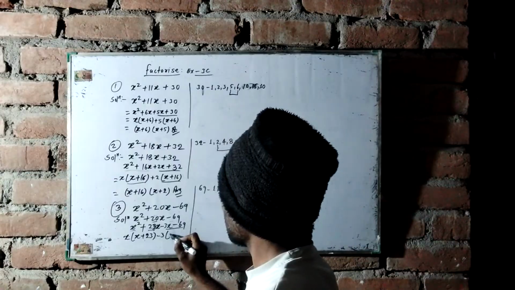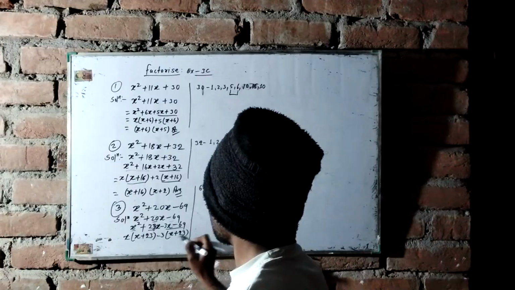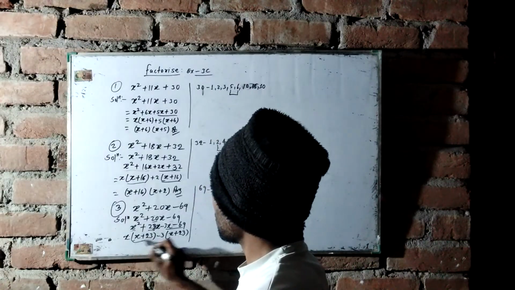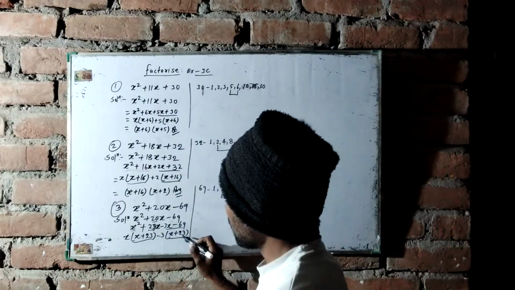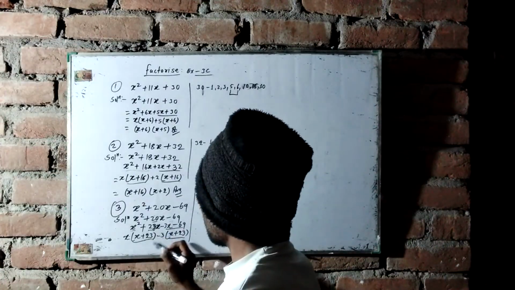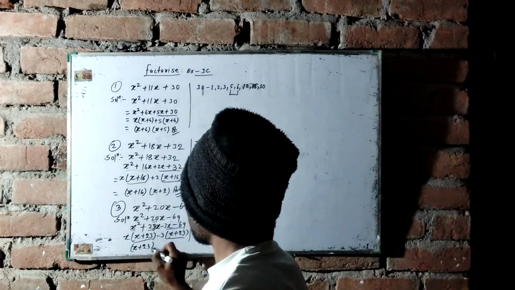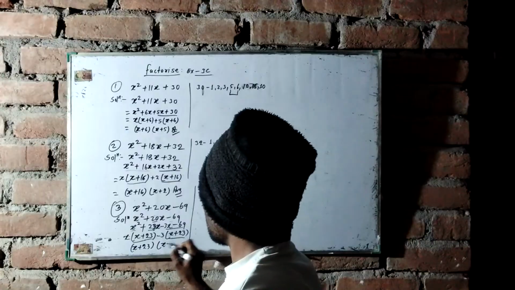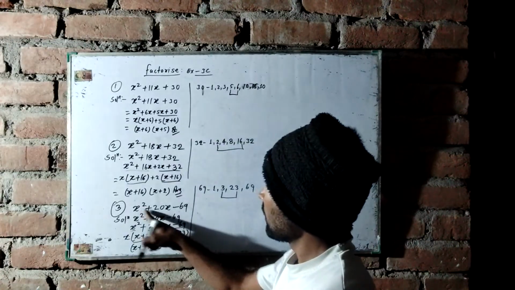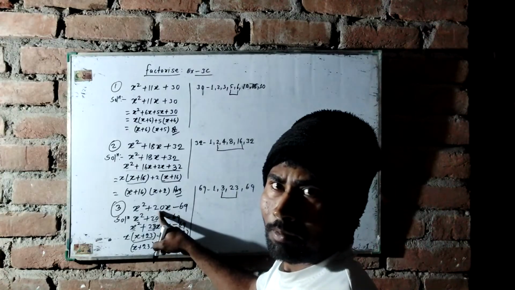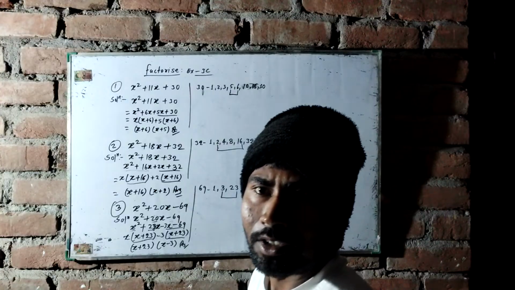So, we can write x plus 23 as a multiple. Now, we can see here x plus 23 and x plus 23. So, we can take common x plus 23 and we can write x minus 3 as a multiple. This is the required factors of x square plus 20x minus 69. Now let's go ahead.